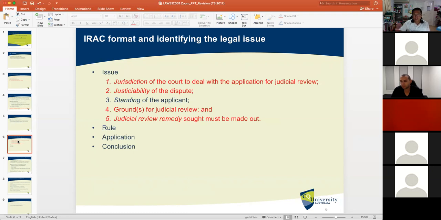So they'd say, did the decision maker properly apply Section 39 of this particular Act? That's just a factual question. It doesn't tell us what the legal issue is. The legal issue, once identified, will lead you to particular legal rules or principles. So if when you identify the legal issue it doesn't tell you what the relevant rules and principles are, you've got it wrong. You don't have the legal issue. Okay, so we're clear what the value of the legal issue is.